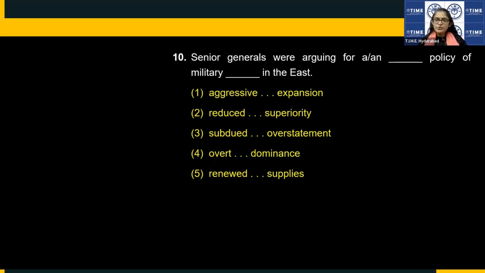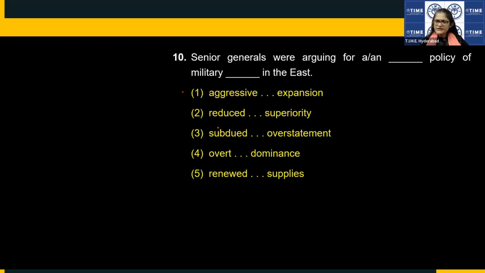Senior generals were arguing for a or an dash policy of military dash in the East. Okay. Senior generals wanted some kind of policy, maybe an adjective here, and military something, maybe a noun there. Let's see. Aggressive policy of military expansion makes perfect sense.